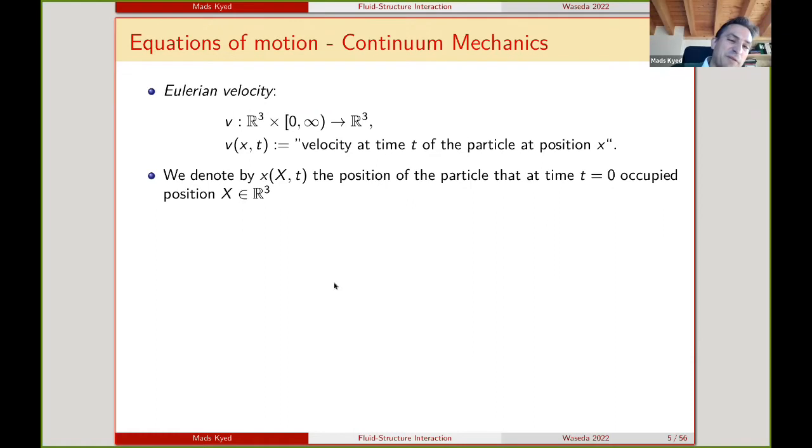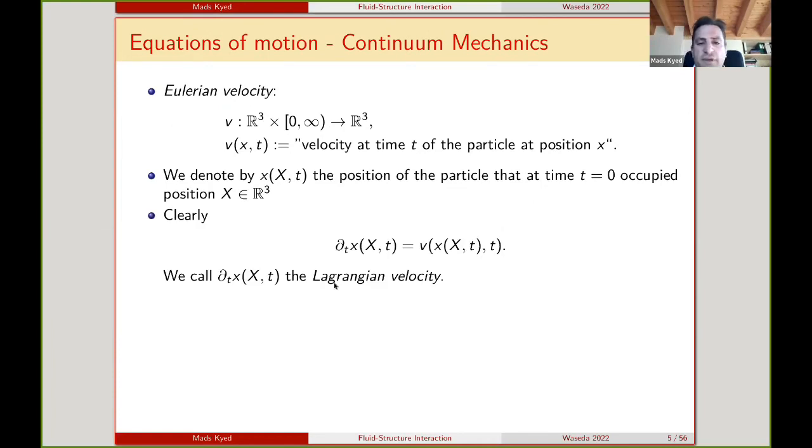So we can consider small x sometimes as a function of capital X and t, and this function denotes the position of the particle that at time t occupied position capital X. Okay, so if we look at the function x and differentiate it in time, obviously we get the velocity of the particle that at time t occupied the position capital X.